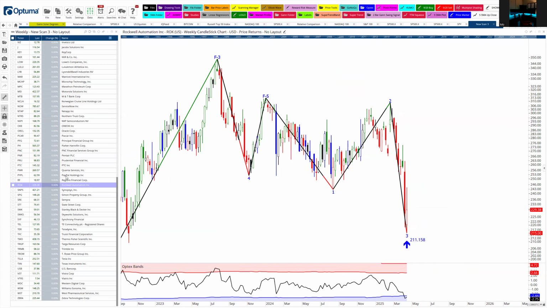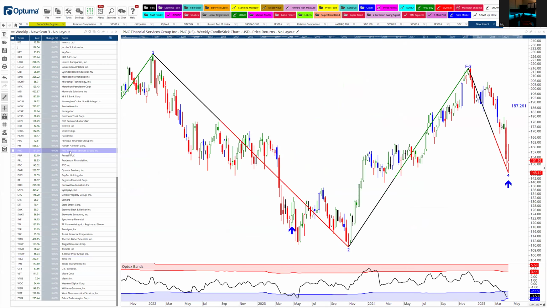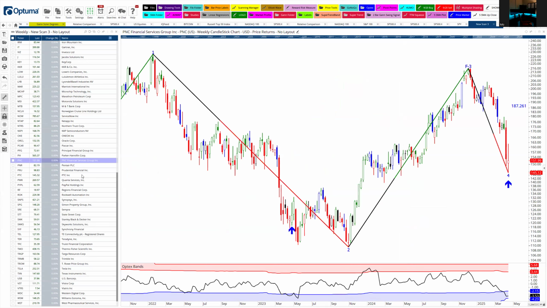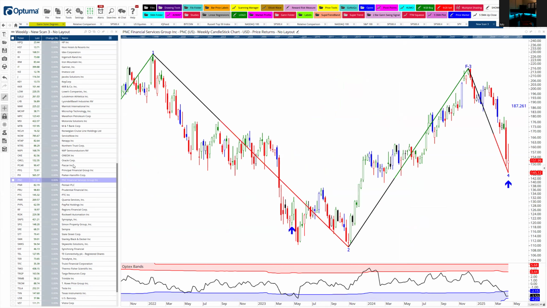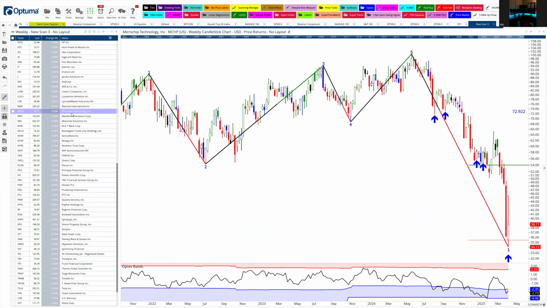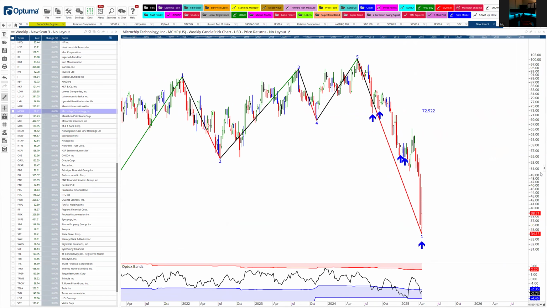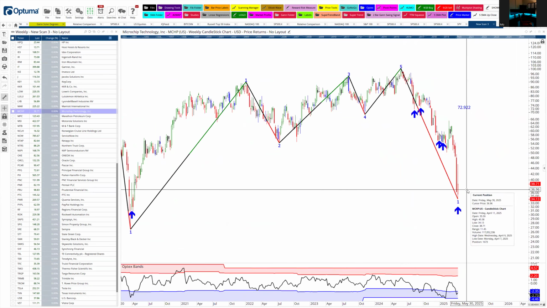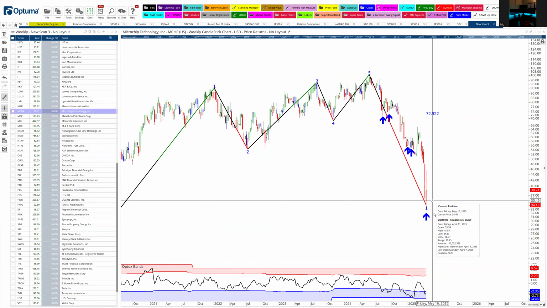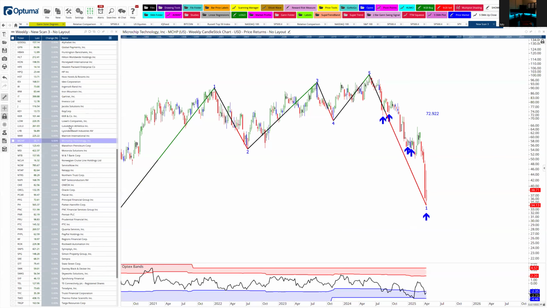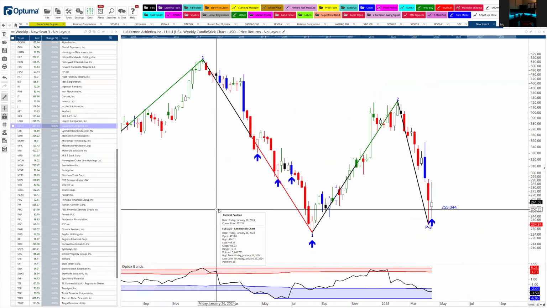And some of these stocks have taken so much, a lot of financials got hit. PNC, see Microchip, this one, brutal. Very Lulu.